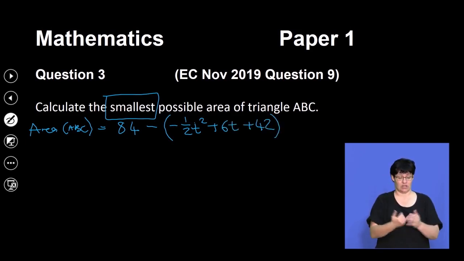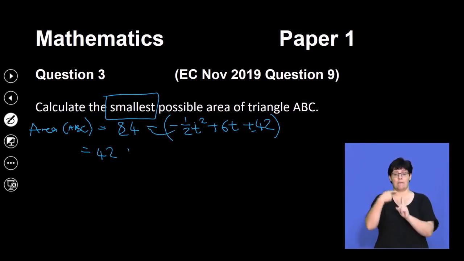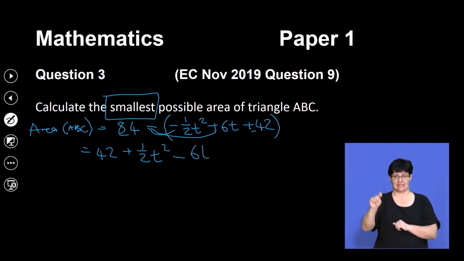Okay, let's finish this off. So we have 84 minus 42 gives us 42, and then we have plus a half t squared, and we have minus 6t. All right, so this is just the expression of the area of that triangle ABC in terms of t.